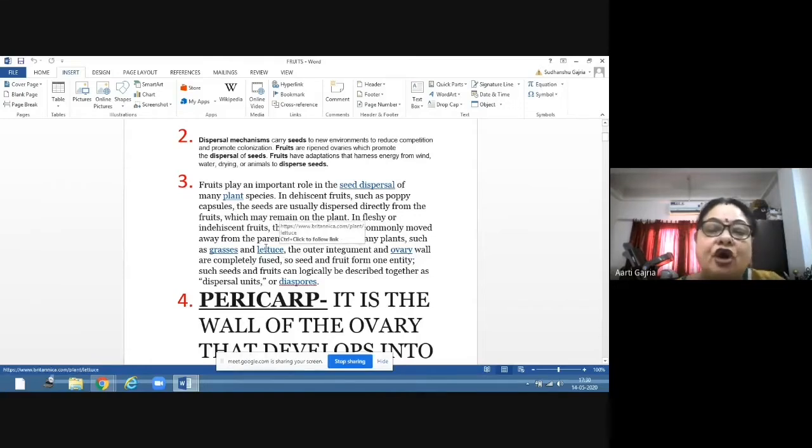Here you will not find a seed and fruit as different entities, because the integument is completely fused with the ovary. So that's why it is one entity, as one thing. Such seeds and fruits can logically be described together as dispersal units. They are called dispersal units because they are together.